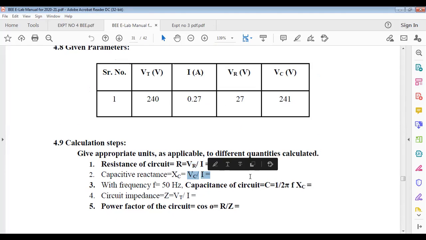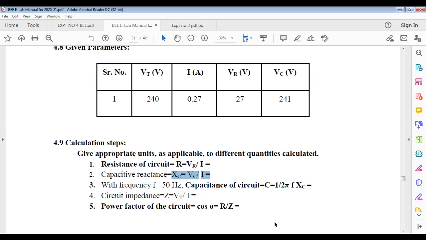If you do VC by I, what you will get? This one formula you will learn in theory, for purely capacitive circuit in second unit. All the formula whatever you can see you will be learning in second unit in theory. So VC by I you will get XC, capacitive reactance, unit is ohm.